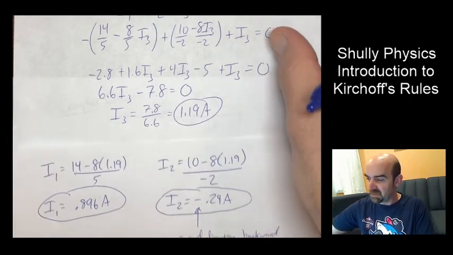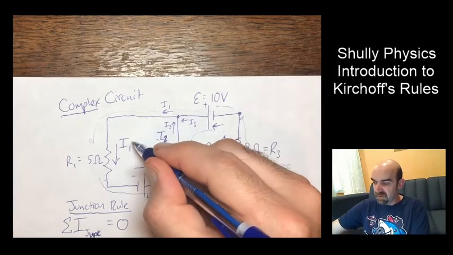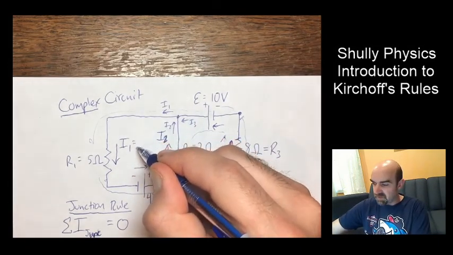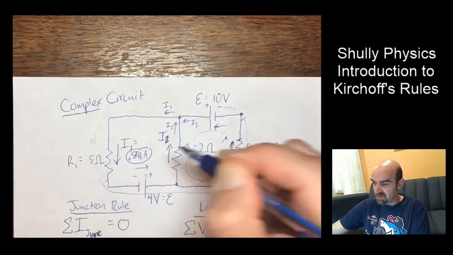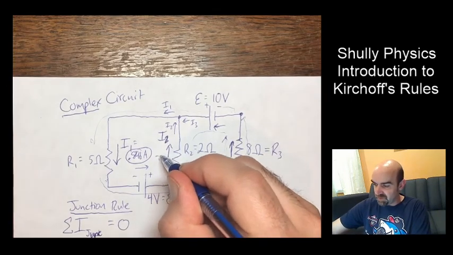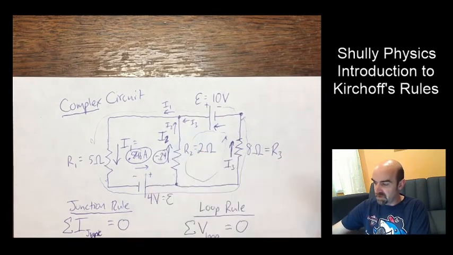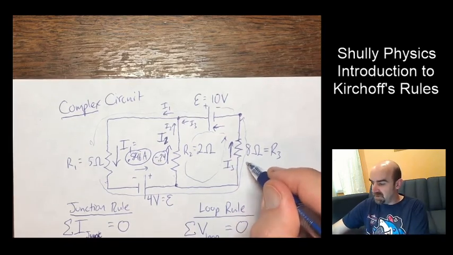So putting that back onto the diagram here, the flow I got for I1 is 0.896 amperes. The flow I got for I2 is negative 0.24, and I3 on this side was the 1.19.